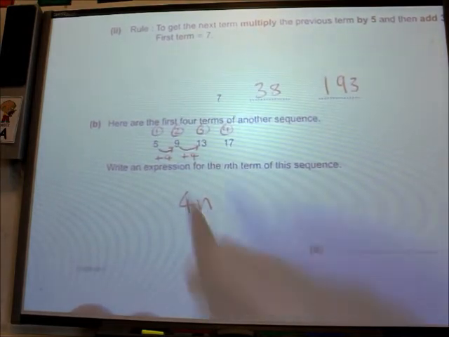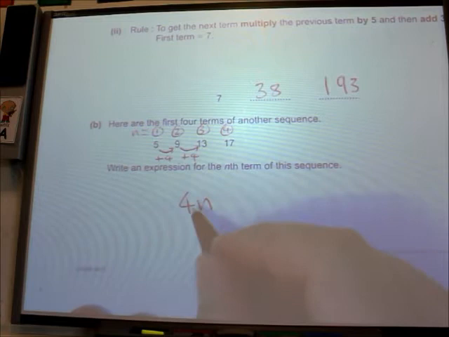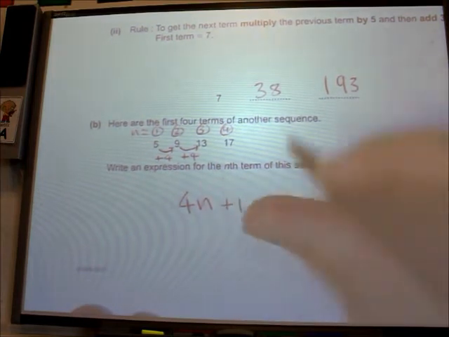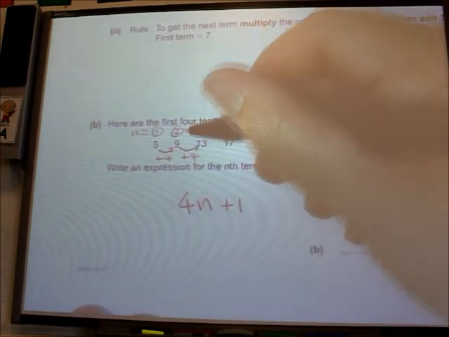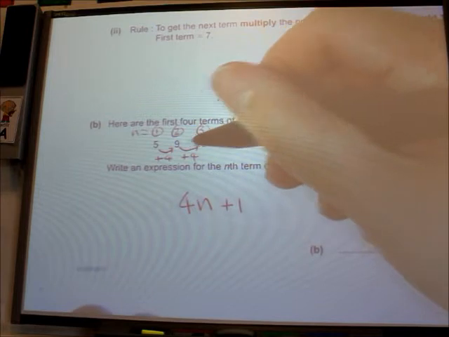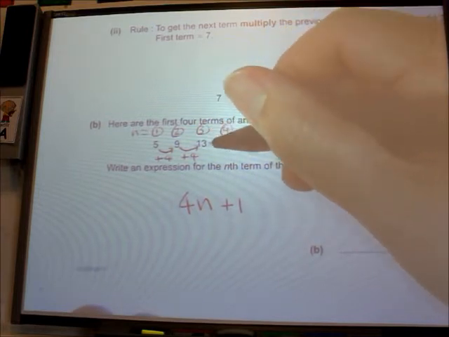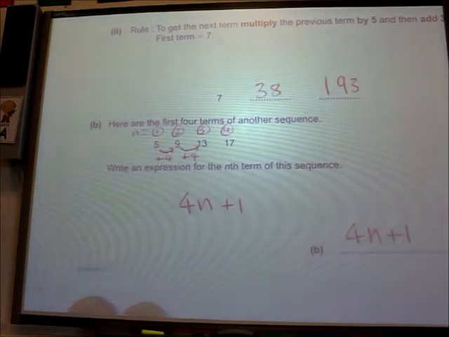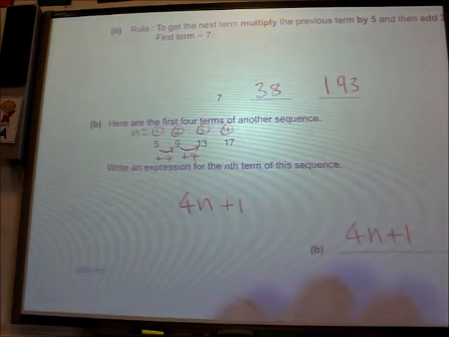So 4 times, these are n values by the way, so 4 times 1 is 4. How do you go from 4 to 5? You add 1. Let's check that. 4 times 2 is 8, add 1 is 9. 4 3s are 12, add 1 is 13. So the answer is 4n, add 1. 2 marks.